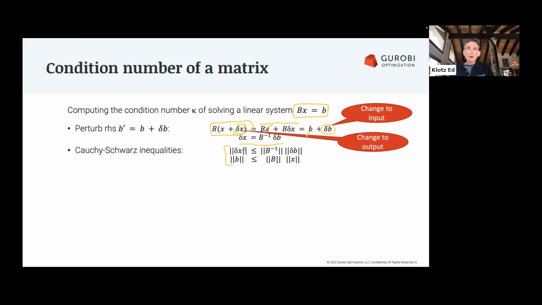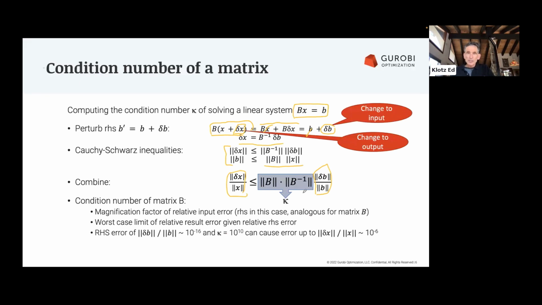We then take the product of the two left-hand sides, and that will be less than or equal to the product of the two right-hand sides, since all the quantities here are non-negative. And then we rearrange a bit, and we get this relationship between the relative change in the input and the relative change in the computed solution.